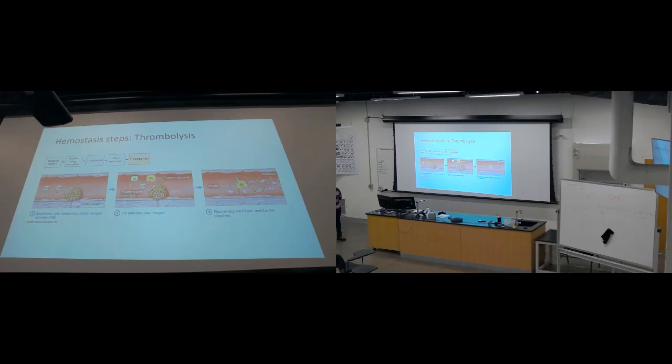Tissue plasminogen activator is going to activate plasminogen, which is inactive, to become plasmin. And plasmin is going to start to dissolve this blood clot of fibrin. So it's an antagonist of fibrin. So that's thrombolysis.